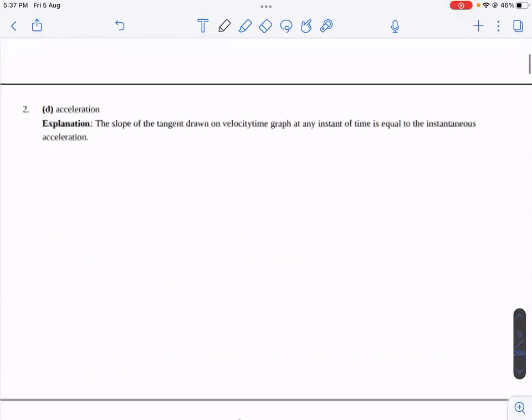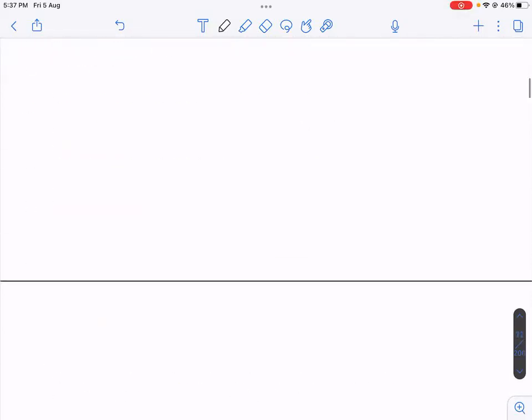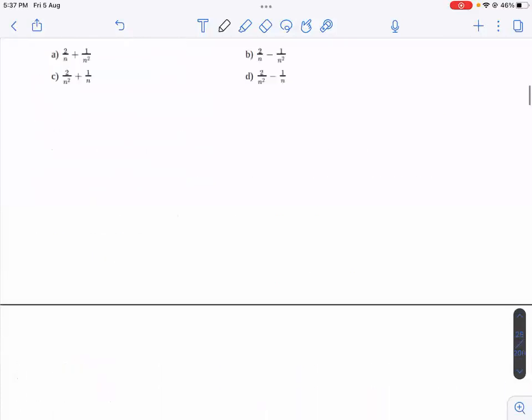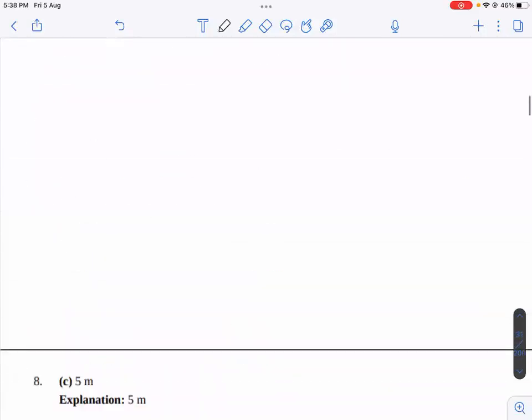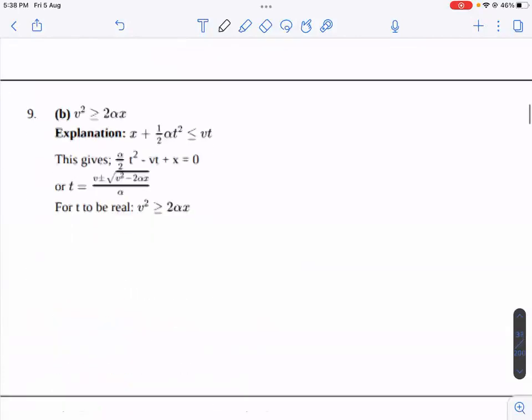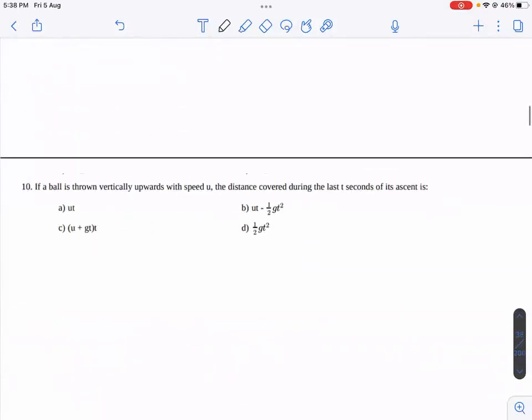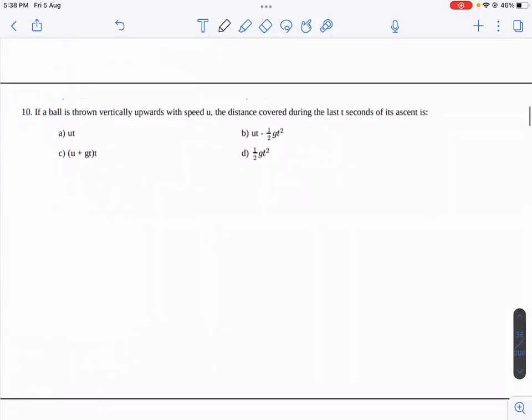I hope you're able to see, right? The last problem that we did was the 13th, sorry, 12th, I think. Now we'll continue with the remaining problems. Did we do this problem?